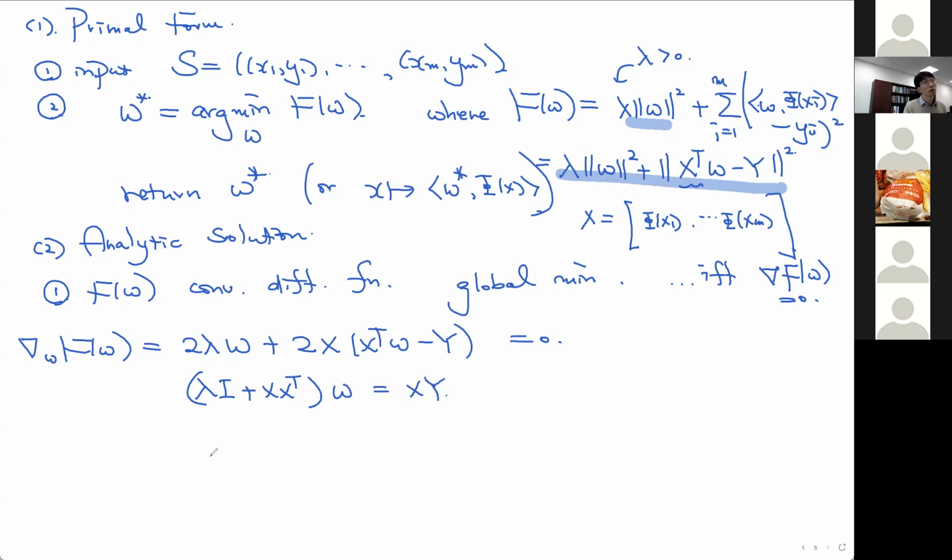So at this point, we might think that, just like before, we have to do case analysis on the invertibility of this matrix, and if it's not invertible, we use pseudo inverse and so on. But it turns out that's not the case. The reason is this matrix is always invertible.